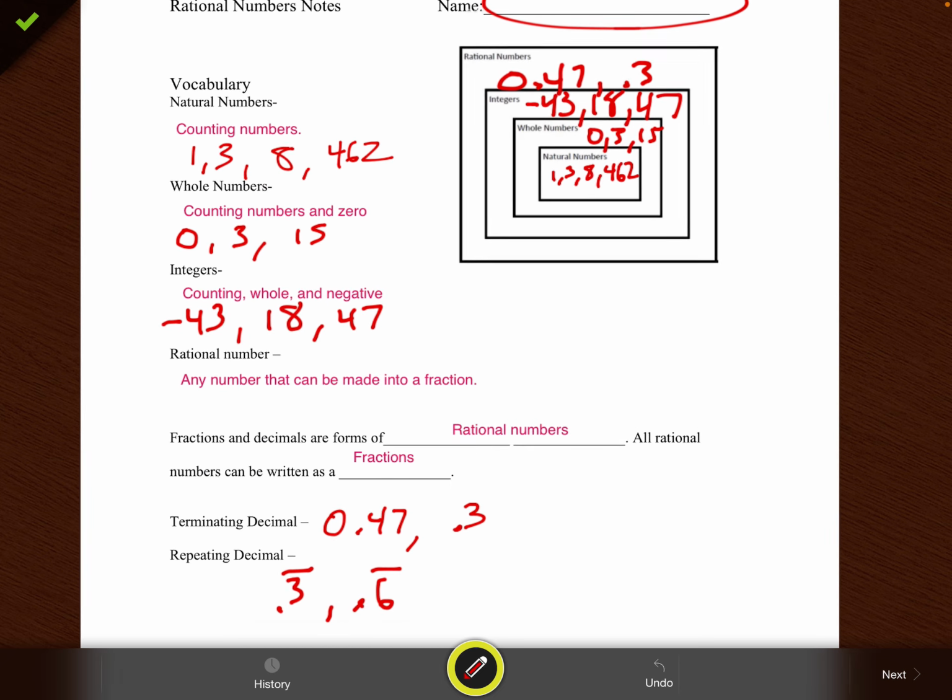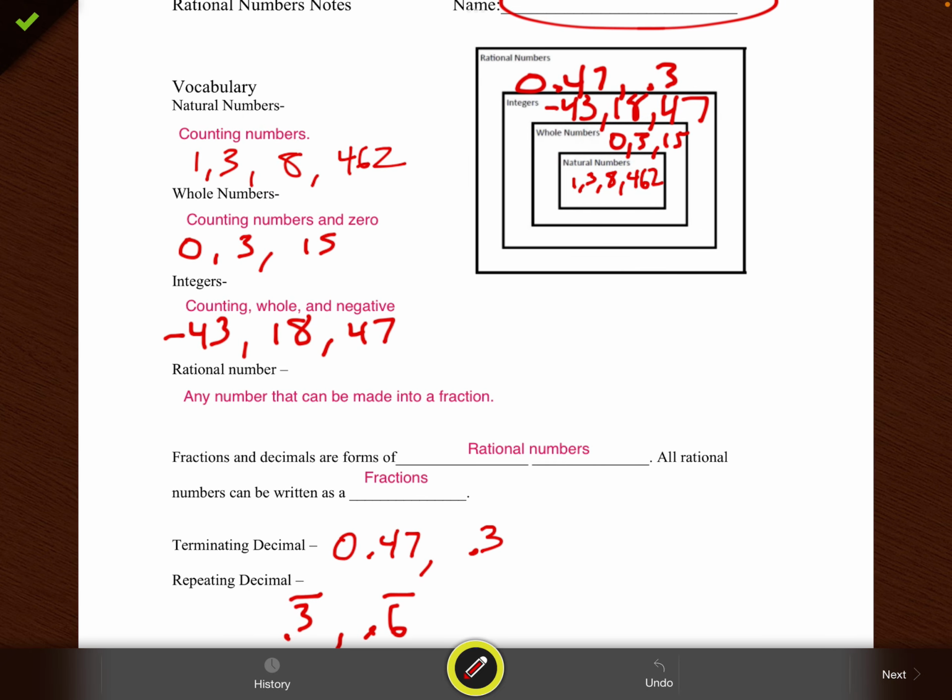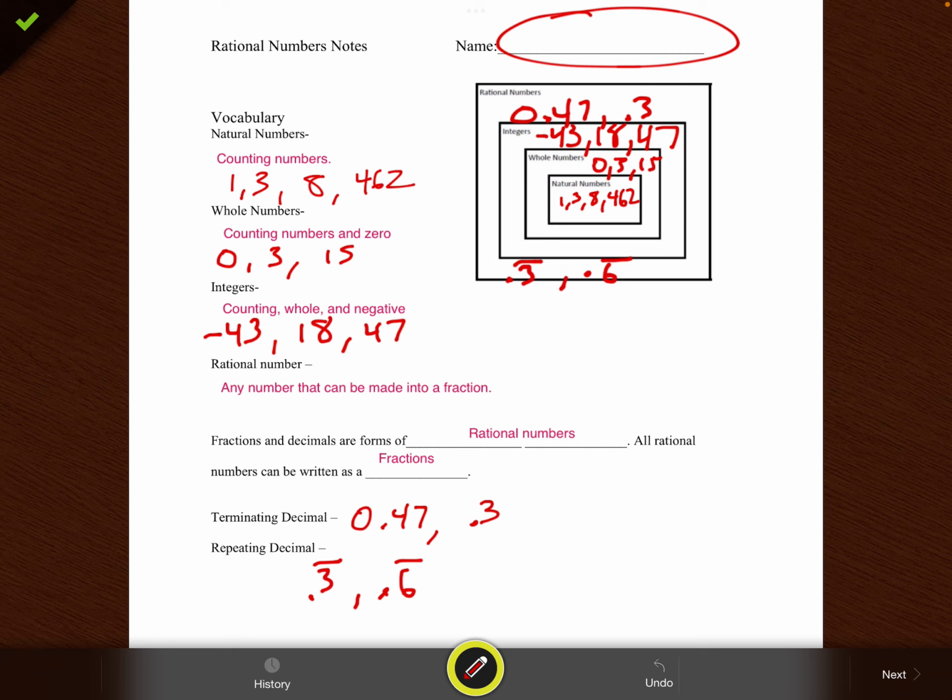So those are examples of rational numbers as well. I'm going to put that at the bottom of my chart there, just to distinguish the difference between terminating and repeating. So that way I have that in my notes. All right, give you just a few more moments, copy those down, and then I will flip to the second page of our notes.